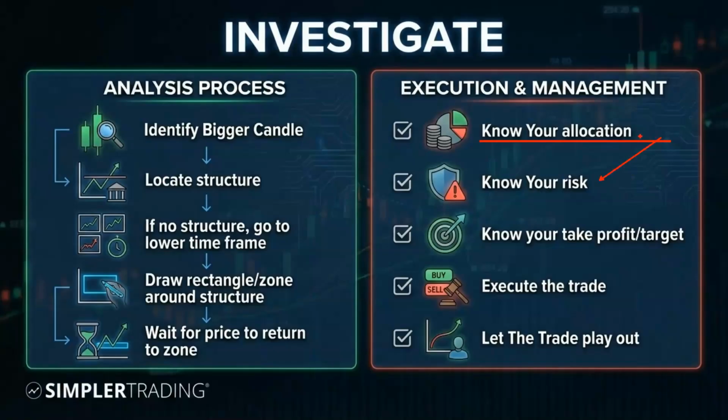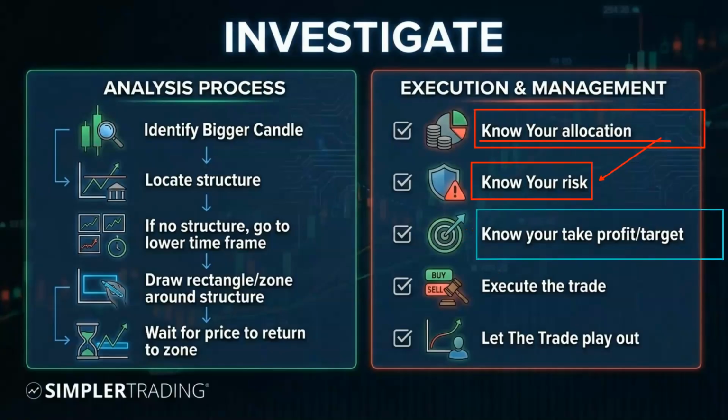It's one thing to understand your allocation, but your risk may be different, unless you're saying, whatever I pay is going to be my risk. So we're going to understand our risk and our allocation. Then know your profit targets, and we do that by using other supply and demand zones. If we're short, then I need to understand where the demand zones are to the downside, because that's where I'd want to get long, and if I'm short, that's where I'd want to cover my position.